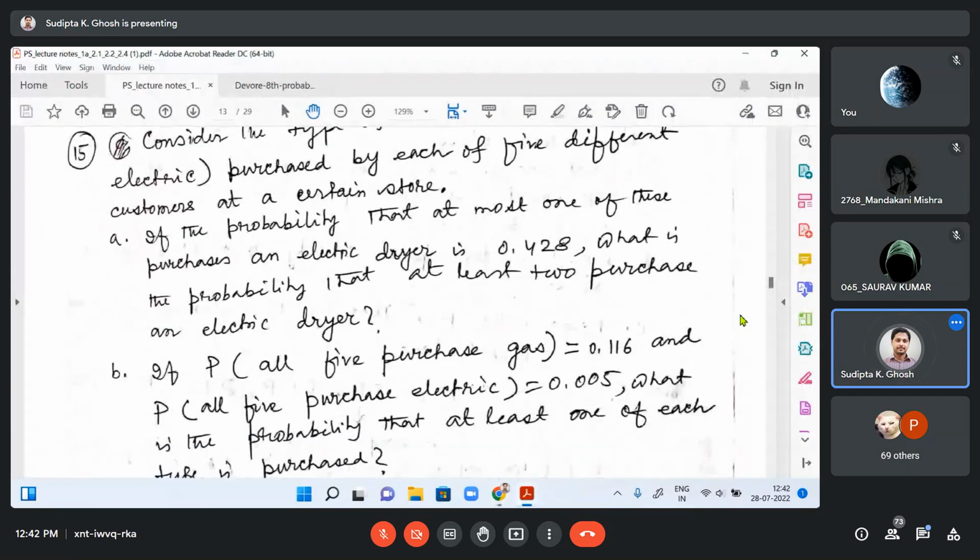What is the second part? Suppose P is a probability that all 5 purchase gas dryer, and another probability they have given is all 5 purchase electric dryer. Okay, 0.116, 0.005.